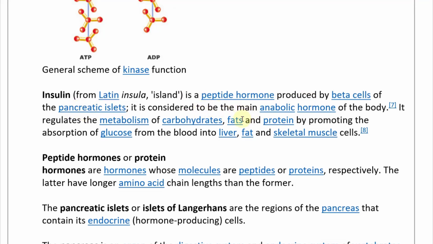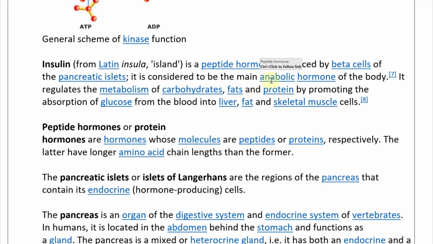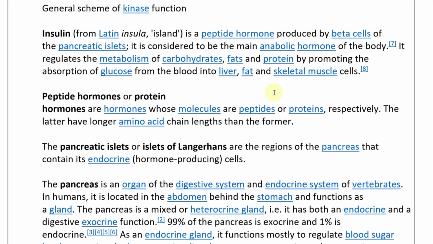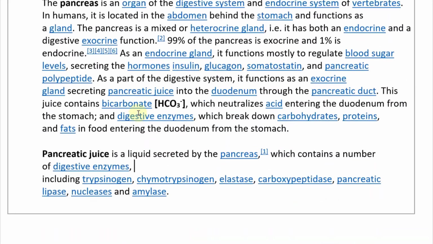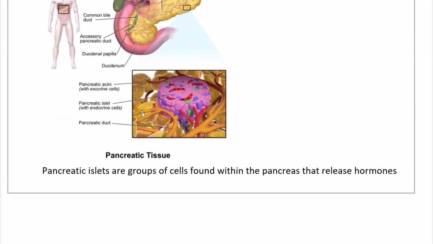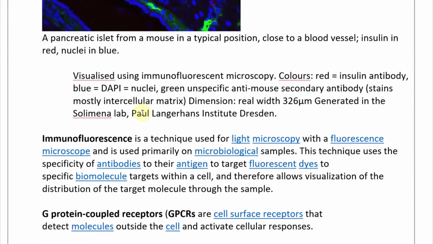It is considered to be the main anabolic hormone of the body, or this is building up. This hormone regulates the metabolism of carbohydrates, fats, and proteins by promoting the absorption of glucose from the blood in liver, fat, and skeletal cells.